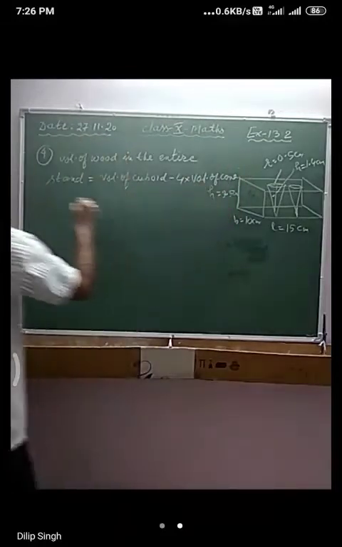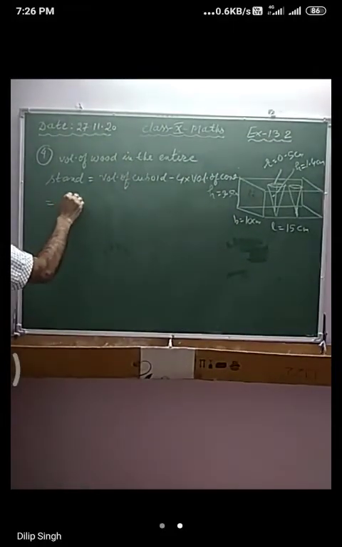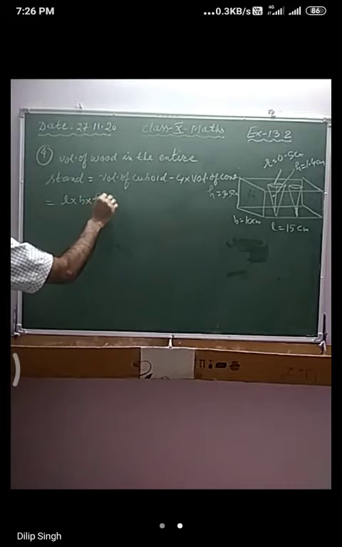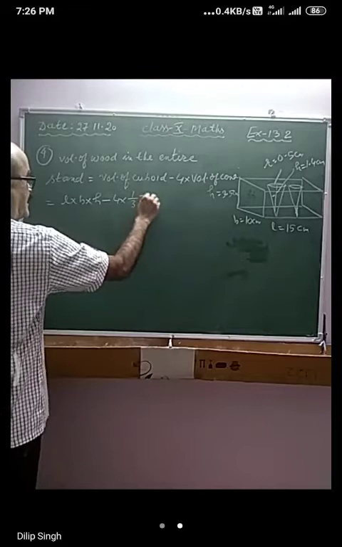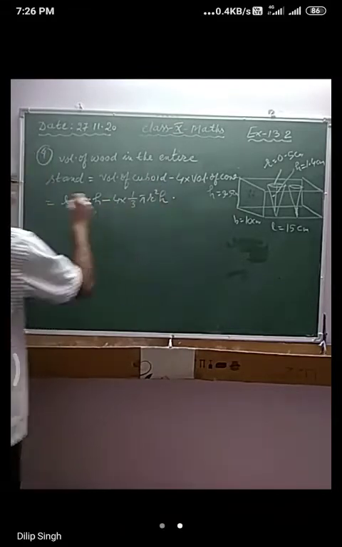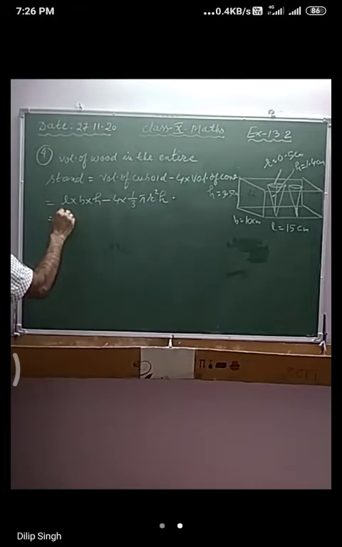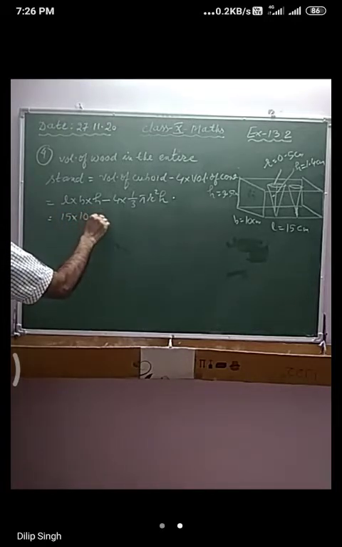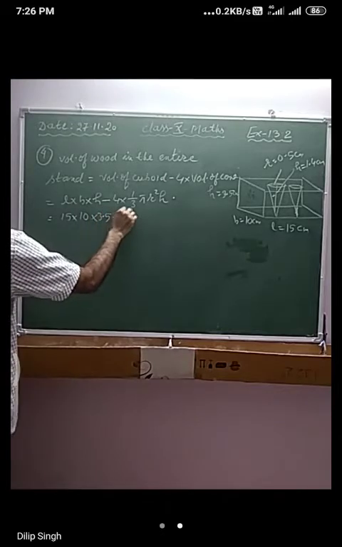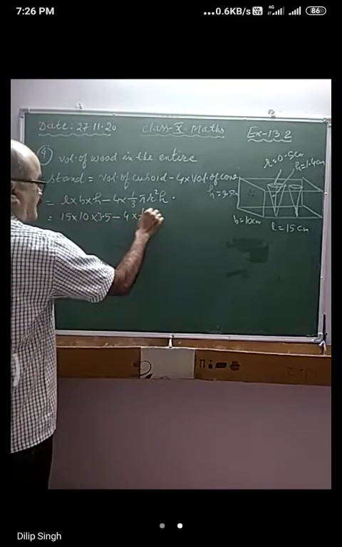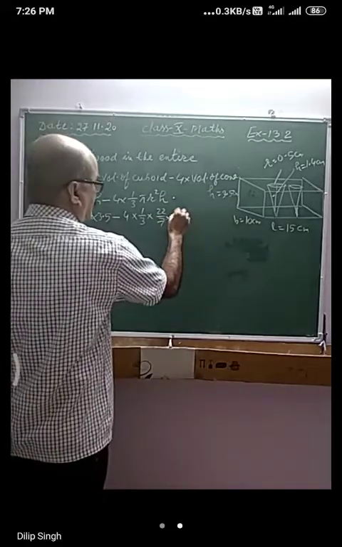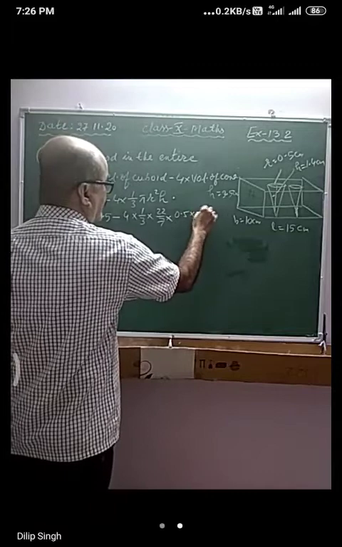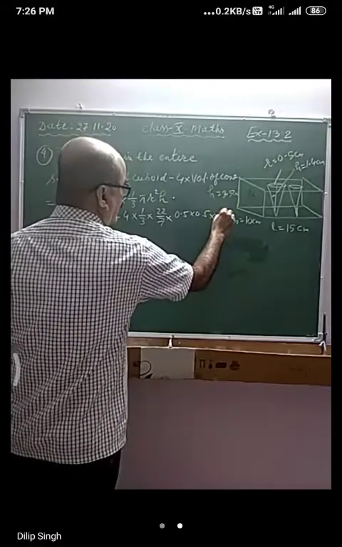Volume of cuboid, as you know, is L into B into H, and minus 4 into volume of cone, that is 1 by 3 pi r square h. Now L is 15 centimeter into 10 centimeter into 3.5 centimeter, minus 4 into 1 by 3, pi is 22 by 7, r square is 0.5 into 0.5, and h is 1.4.